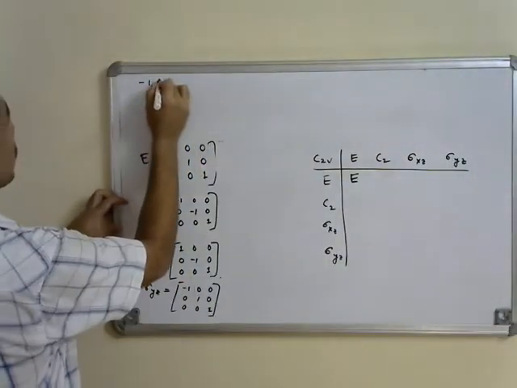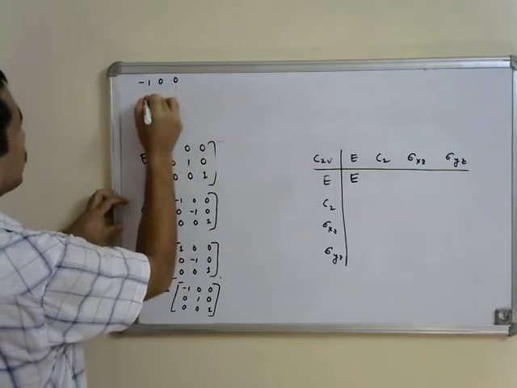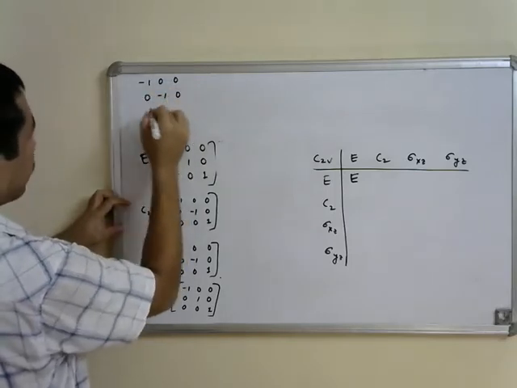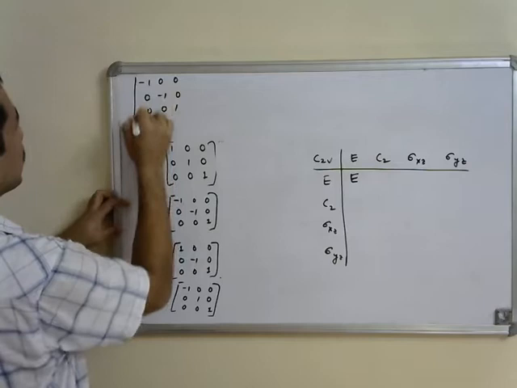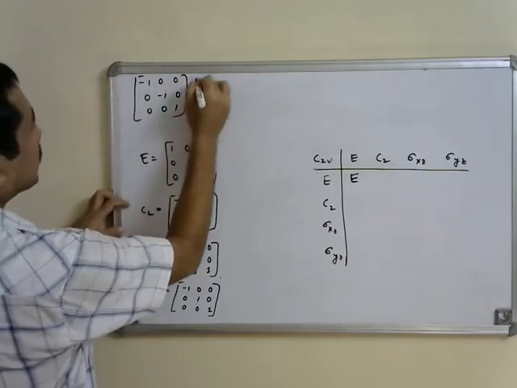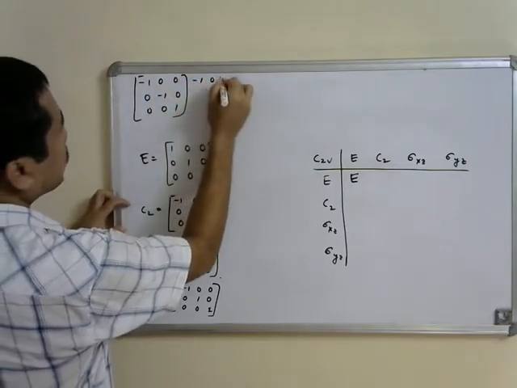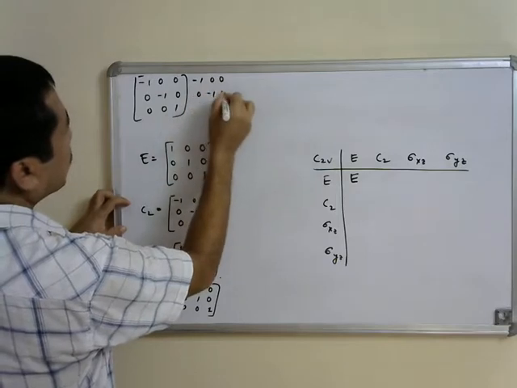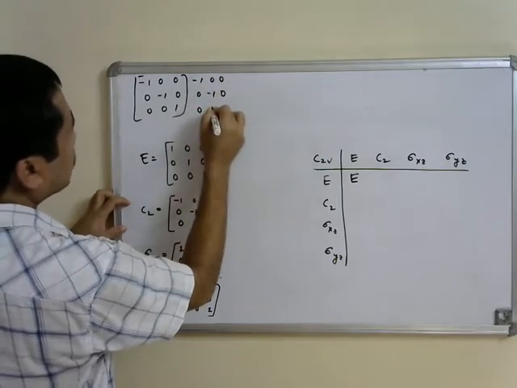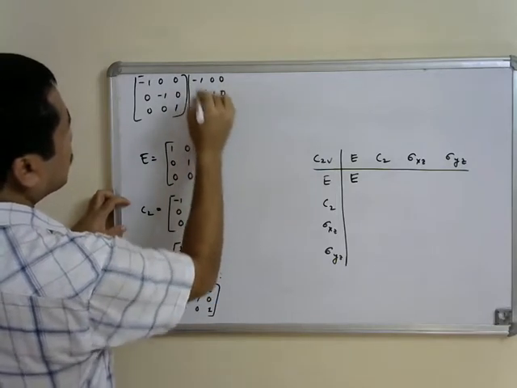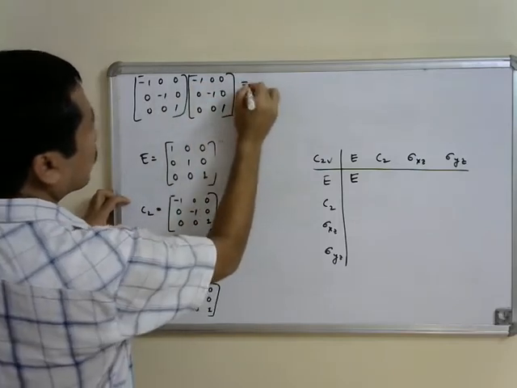That is -1 0 0, 0 -1 0, 0 0 1. This is the matrix representing the C2 operation, and we will write the matrix once again and take the product of these two matrices to find out the result of C2 into C2.